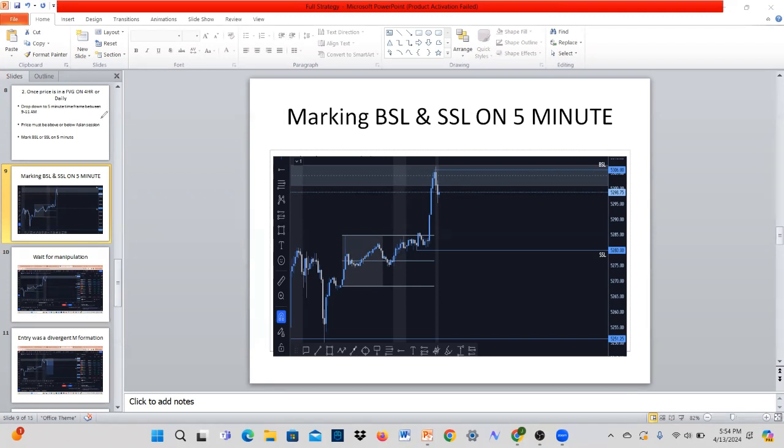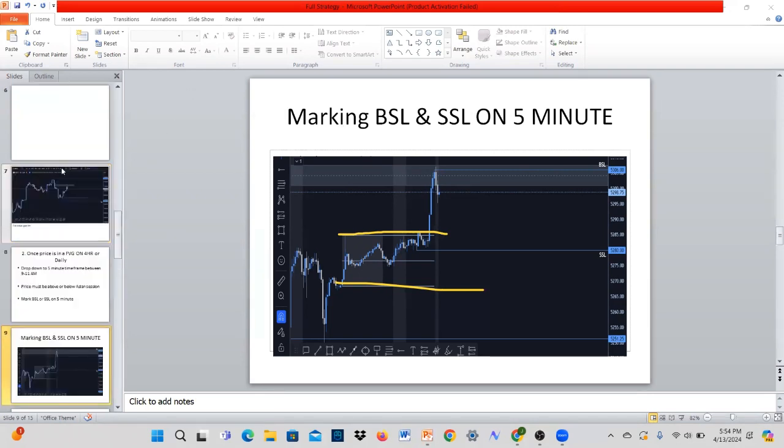So notice how the first rule was price must be above or below the Asian session. If price is above the Asian session, we're looking for sells. If price is below the Asian session, we're looking for buys. But we want to make sure that it aligns with our higher time frame analysis, right?